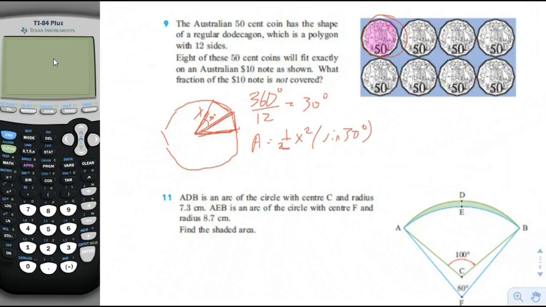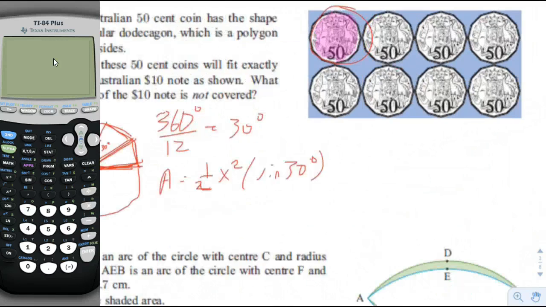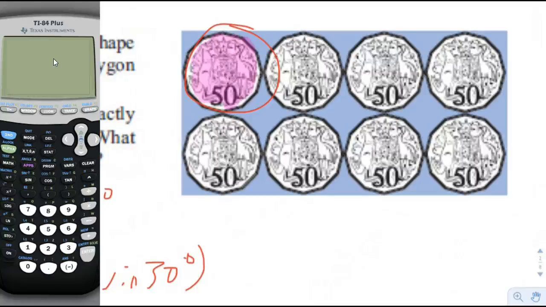Okay, and another thing we know about this radius type number x is that, can you see the way the dodecagon is arranged? You can figure out the width of the $10 bill by lining up 8 of these pink lines.